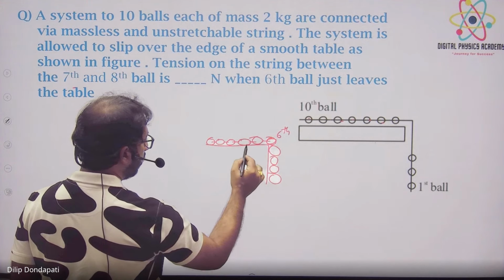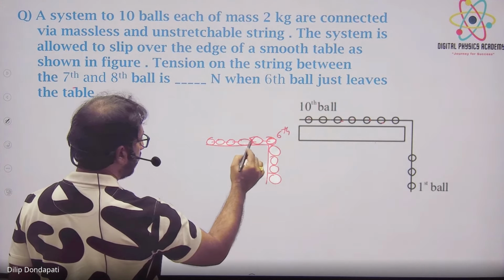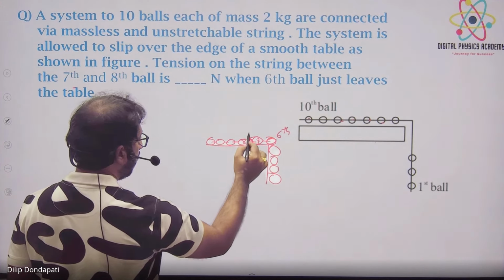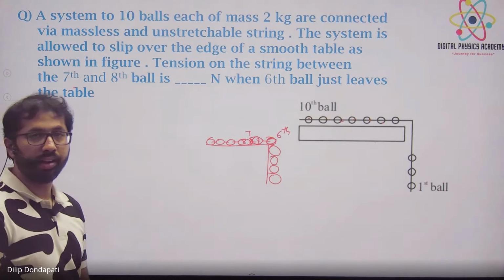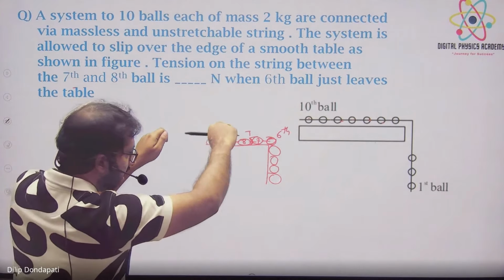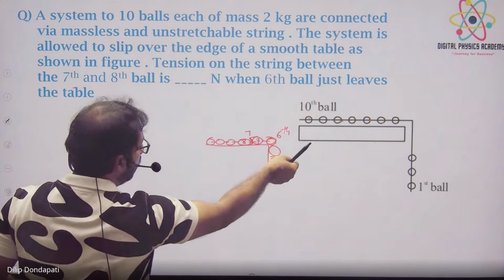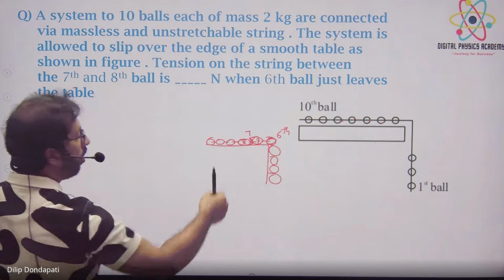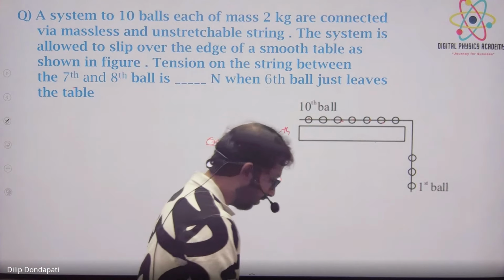Attached है ना? So 7th and 8th ball का tension कितना? This is 7th, this is 8th. The tension is how much at that time? Ball पूरा ऐसा attached है, और नीचे गिरता जा रहा है. When the sixth is just about to leave, 7th and 8th ball time में उसका ऊपर tension कितना है?